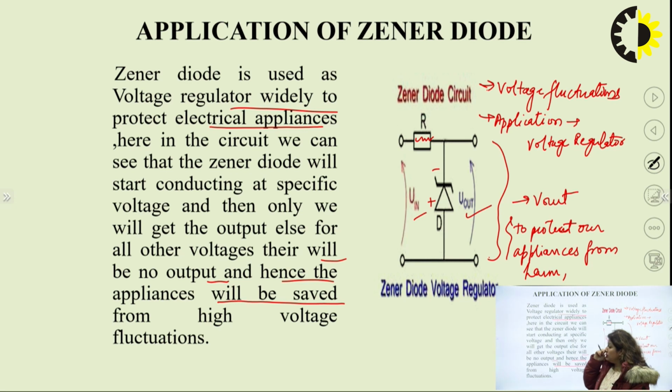So up to this point, what we have covered is how the Zener diode works and how the Zener diode is different from a normal diode. PN junction diode is obviously the best diode we can use for multiple applications.